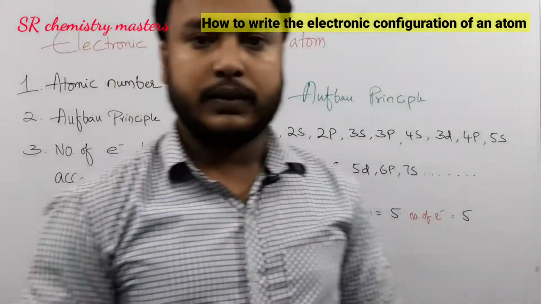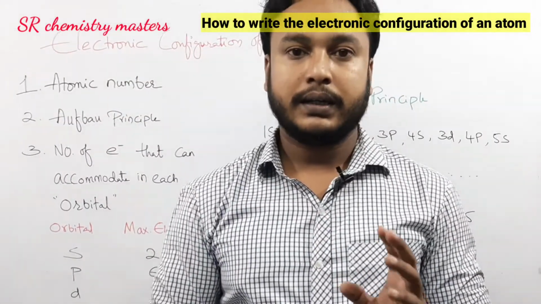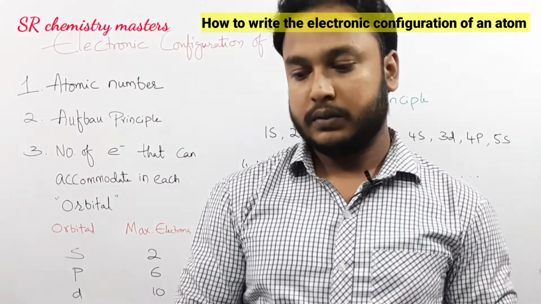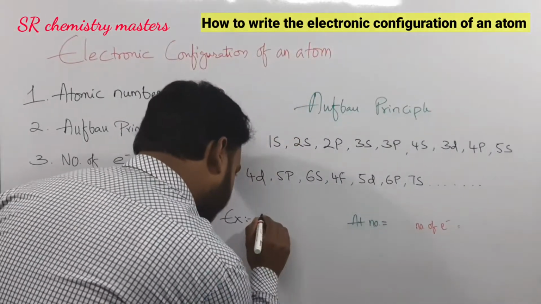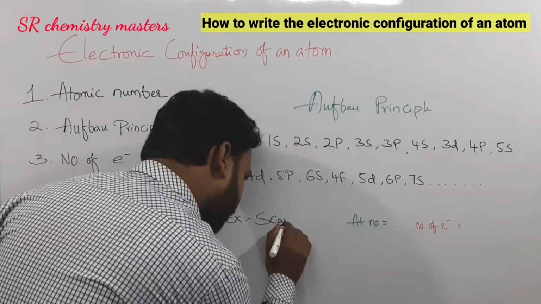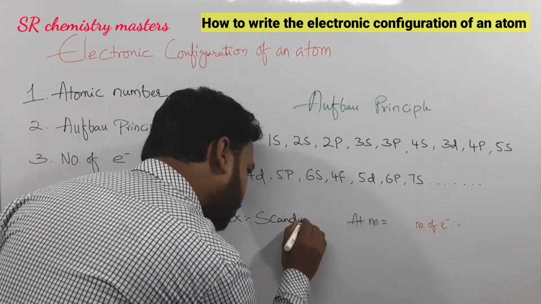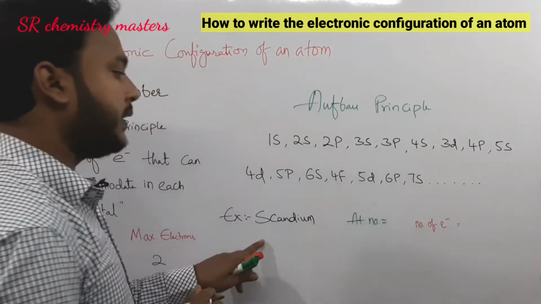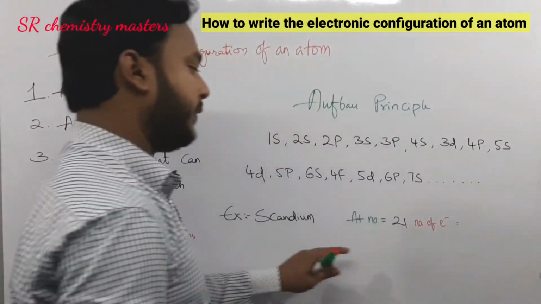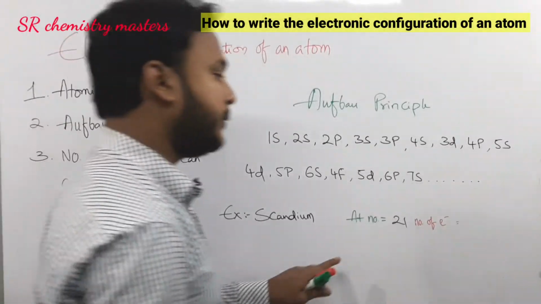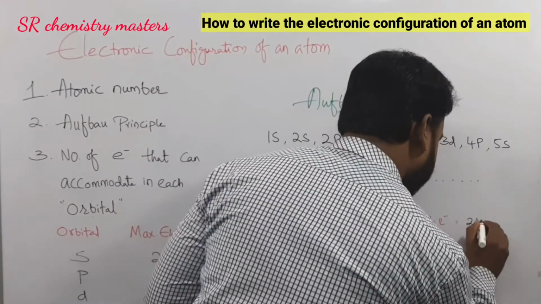Now let us take one more example in which the electron enters the d orbital. Let us take scandium. Scandium has the atomic number 21, so ultimately it has 21 electrons.